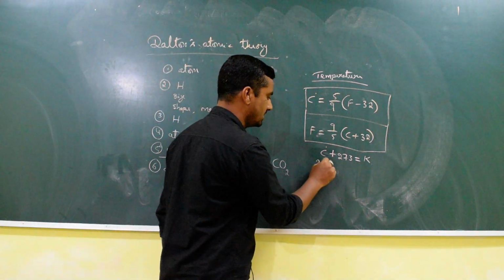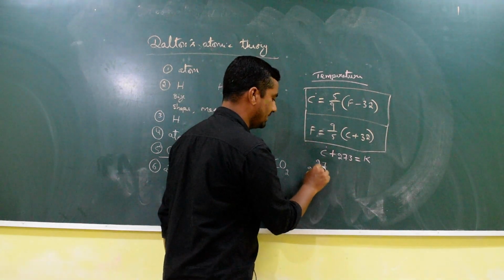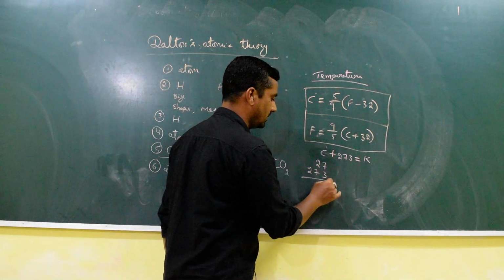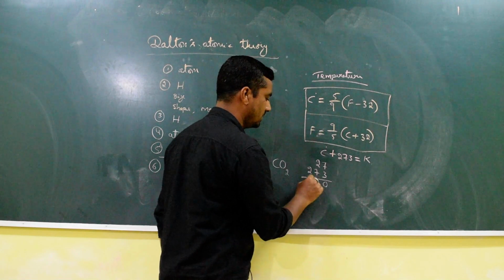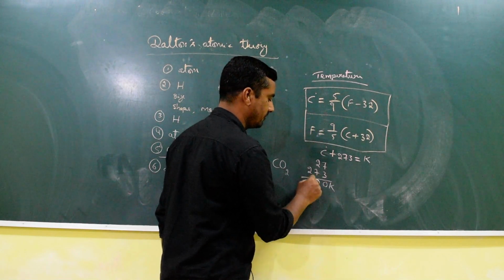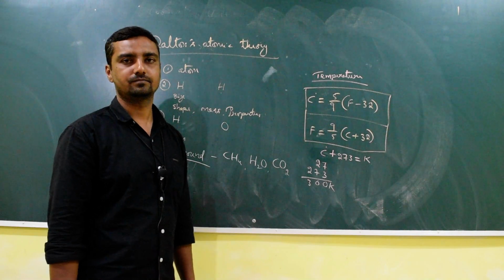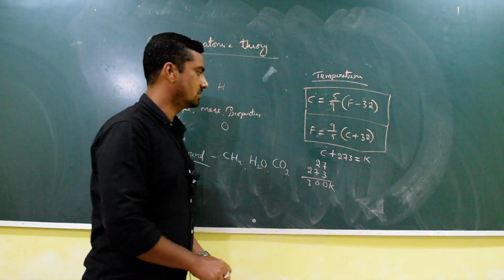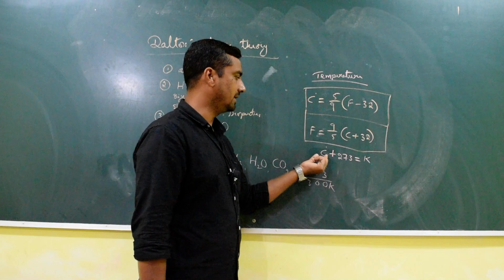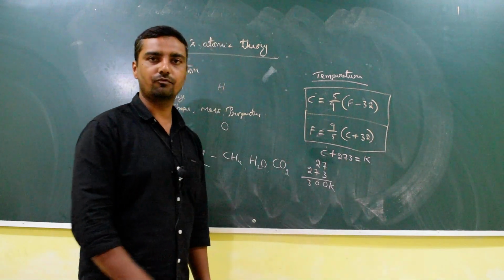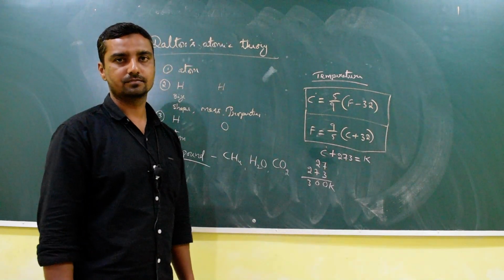So that is 27 plus 273, and it becomes 300 Kelvin, right? Understood, right? So this is how we can convert degree into Kelvin. It is very helpful to solve the problems.